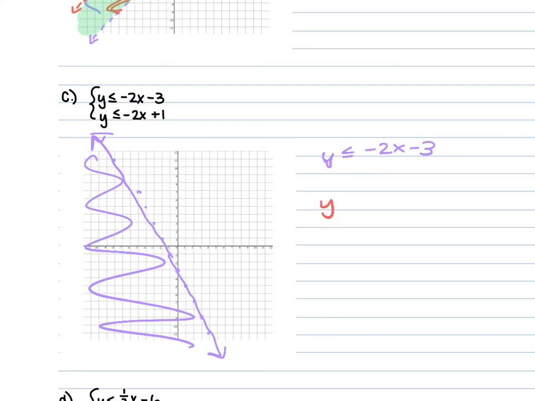For y is less than or equal to negative 2x plus 1, we're going to be here, down 2 to the right 1, or up 2 to the left 1.